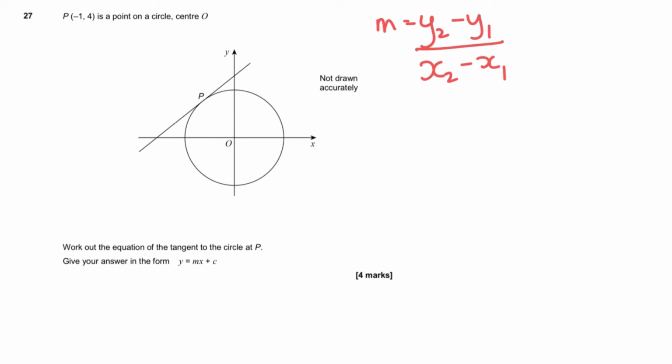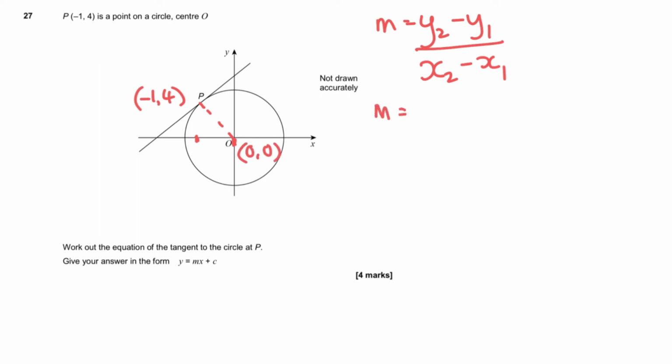So as we know, the radius is perpendicular to the tangent. So I'm going to draw that line in here. So from that line, we can see a change in gradient from point P to the centre of the circle. So these are going to be the two coordinates that we're going to use. We're going to use point P, which is (-1, 4), and we're going to use the centre of the circle, which is (0, 0).